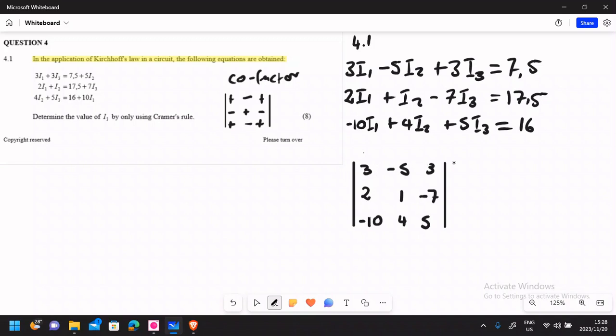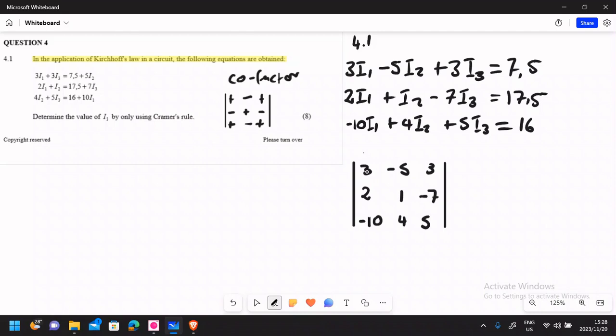A row is going in this direction, which is 3, negative 5, and 3. Oh, I mixed them, guys. A column is in the vertical direction, like up or down, and a row is in the horizontal direction, left and right. Okay, so I hope you are able to see that.